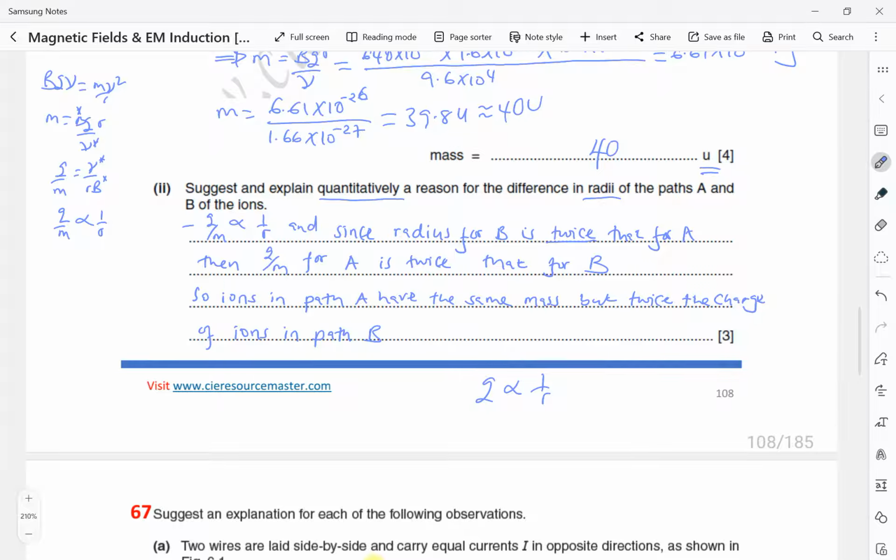So the charge for ions in path A should be twice that of ions in path B.